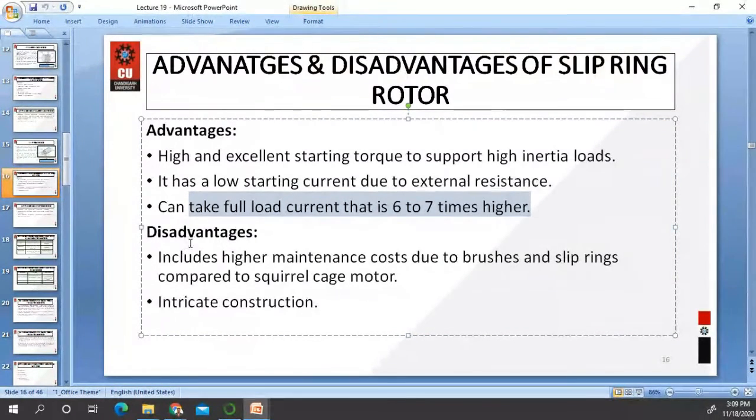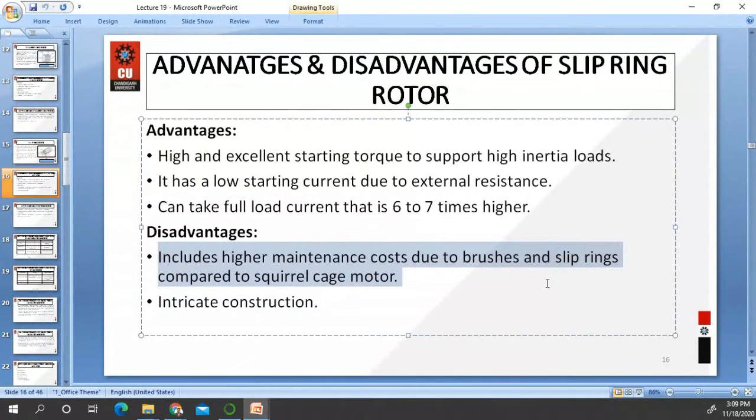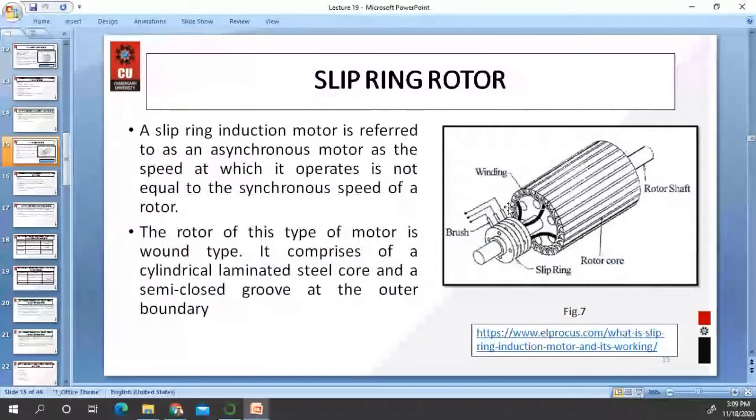The disadvantage, first, includes higher maintenance cost due to brushes and slip rings compared to the squirrel cage rotor. As we have seen in the last slide, this shaft contains the slip ring and brushes. When you apply high resistance, the speed of this rotor will slow down. When you apply less resistance, the speed of the shaft is more.